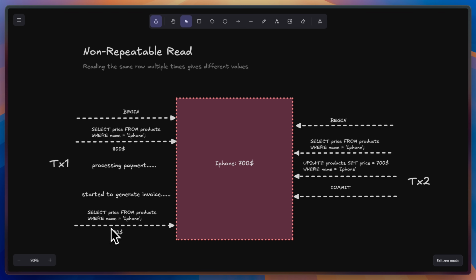Now let's assume that you try to return that iPhone for some reason, maybe you didn't like it. In that case, you will not get $800. You will just get $700, because on the invoice you have $700. So this is the impact. The problem is that when you read the same row multiple times, it gives you different values. I hope you got the problem and the impact.